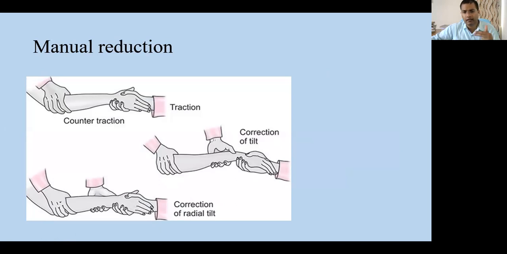Obtain and maintain. Obtain the proper reduction and maintain it in that position. That is the key of success, the key of immobilization, or the key of bone setting. You can say obtain and maintain. If you obtain a correct reduction and then maintain that position, then the bones will heal very fast and very correctly and with fewer complications.